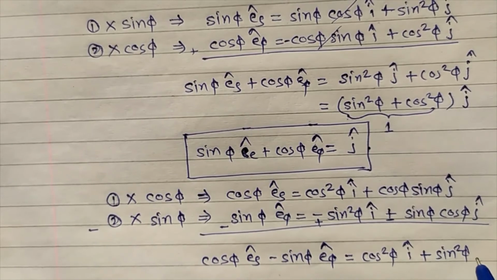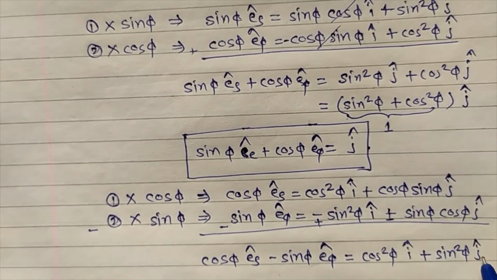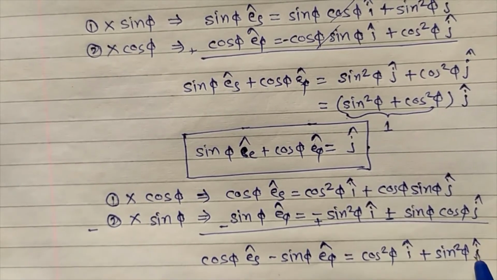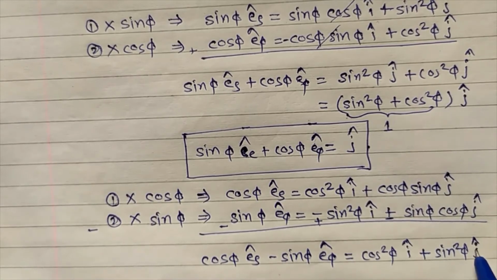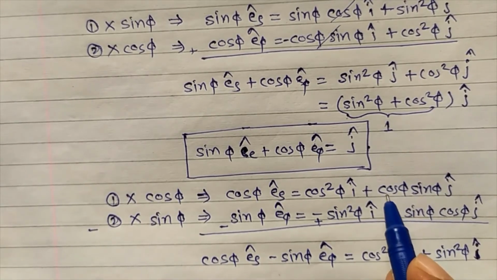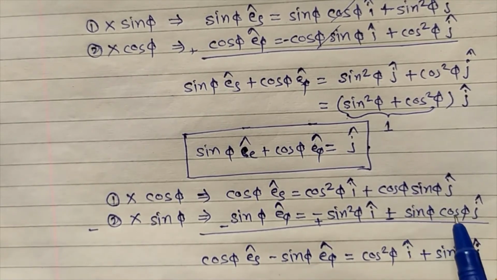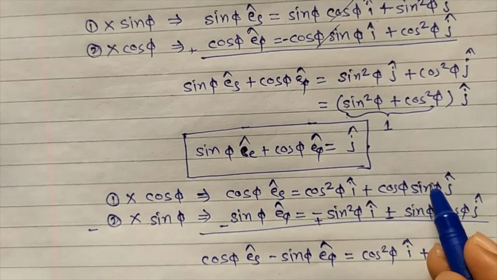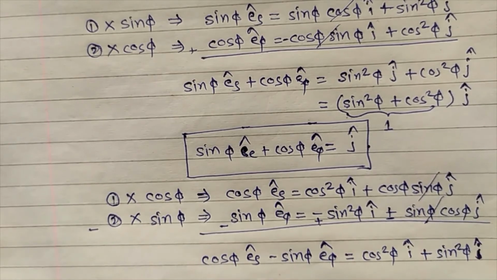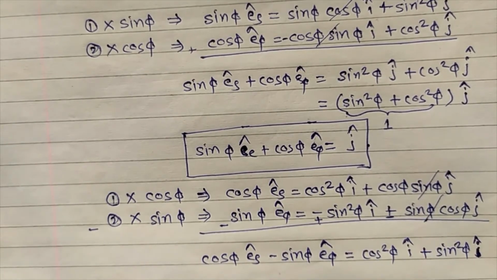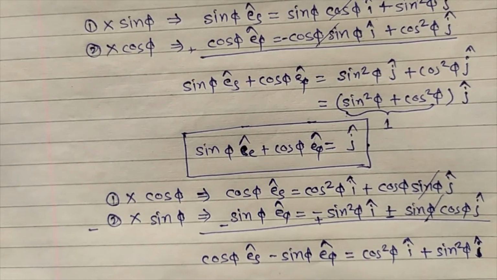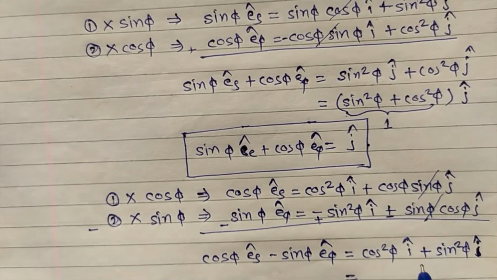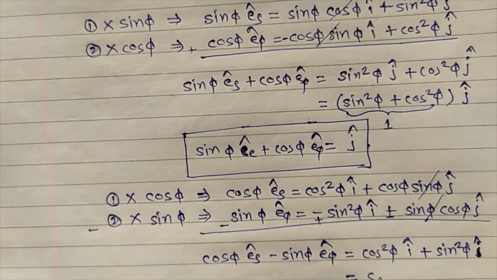sin square phi, I'm sorry, it is sin square phi I cap, this is I, and then you can see cos of phi sin of phi j cap terms, which are the same term with different sign, and I am going to subtract them, so they will cancel. Now this is the final expression, but I can modify it by taking I cap common.